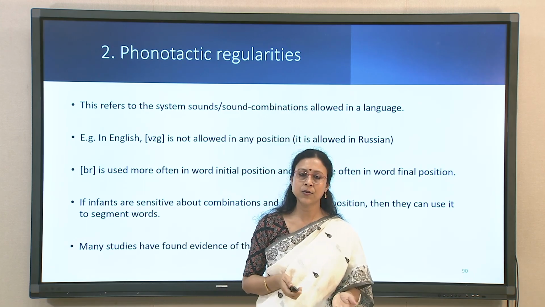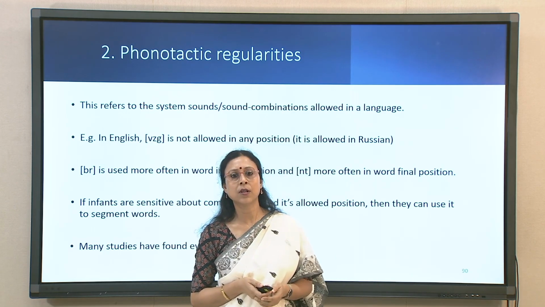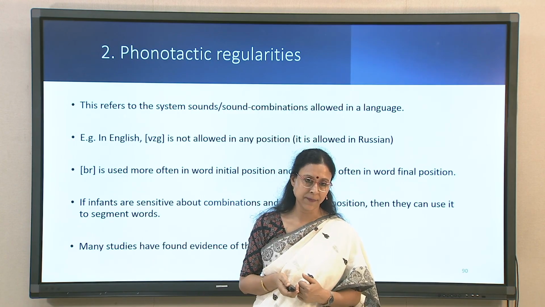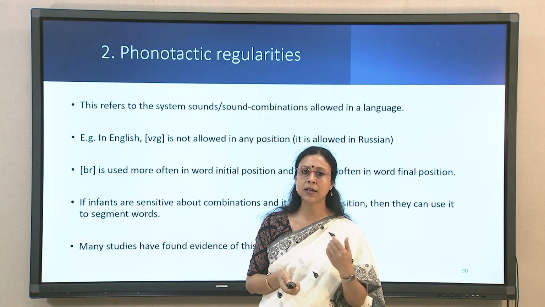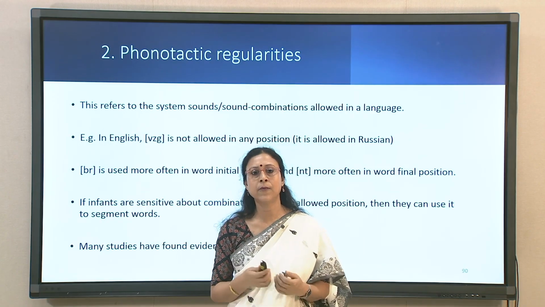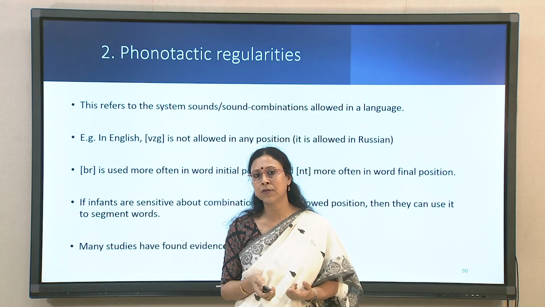There are many others. So, another idea that has been put forward is called the phonotactic regularities. Now, what the previous one was prosodic pattern, now this is phonotactic regularity. Phonotactic regularity refers to the system of which sounds and sound combinations are allowed, not every language has the same kind of sound combination allowed.